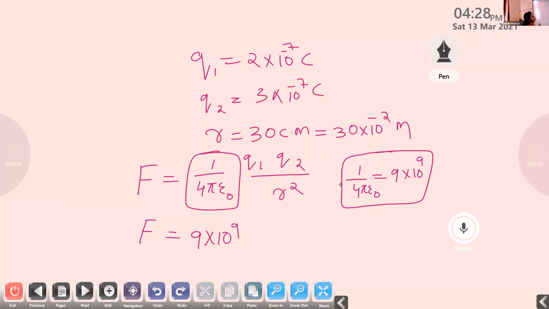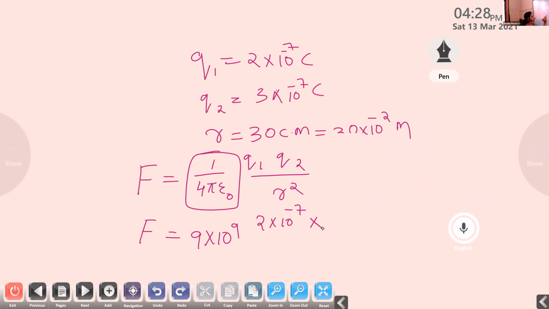What is our Q1? Q1 is 2 into 10 raised to minus 7, into what is our Q2? 3 into 10 raised to minus 7, divided by R square. What is the distance of separation between them? It is 30 into 10 raised to minus 2, the whole square.